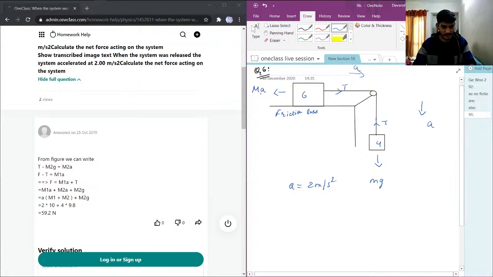First I will write the equation for this 6 kg block. Then for this other one, the force is acting downwards and the acceleration is in the downward direction.